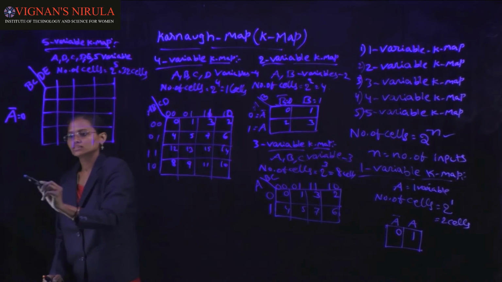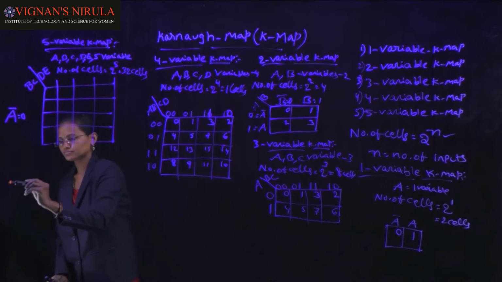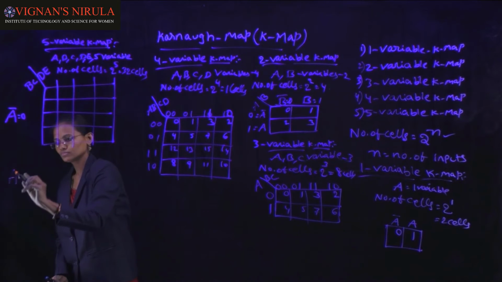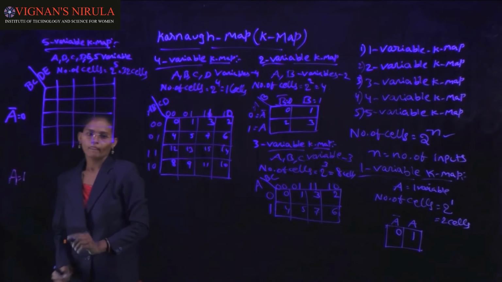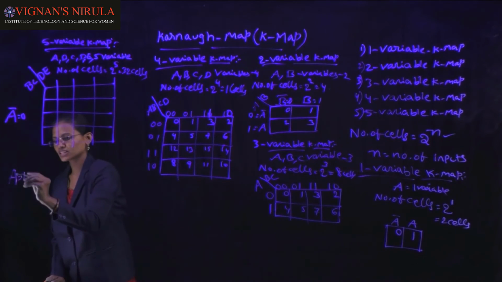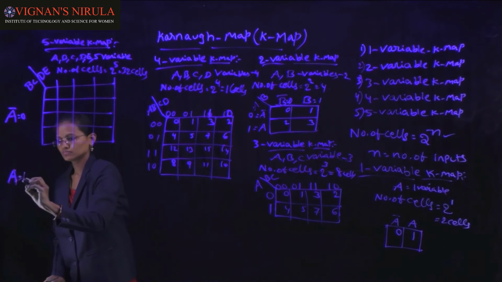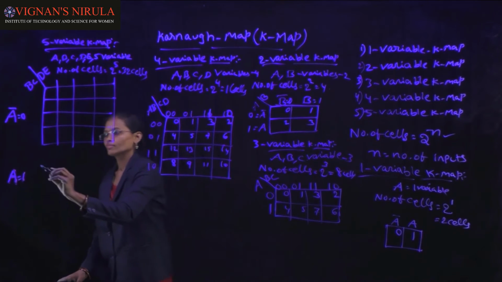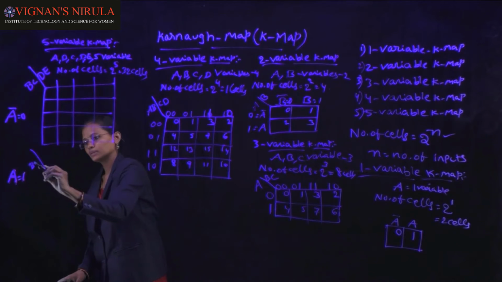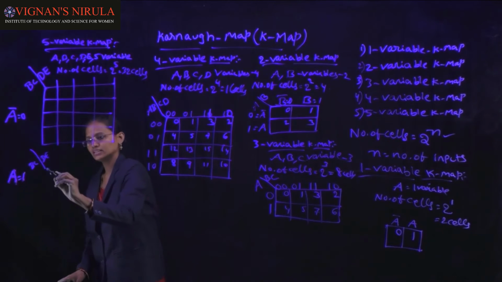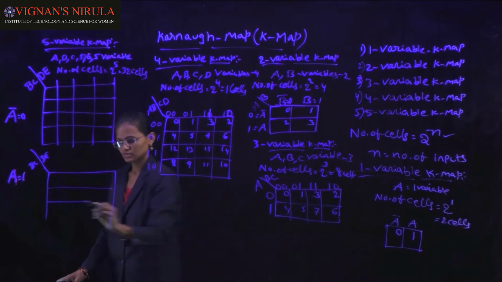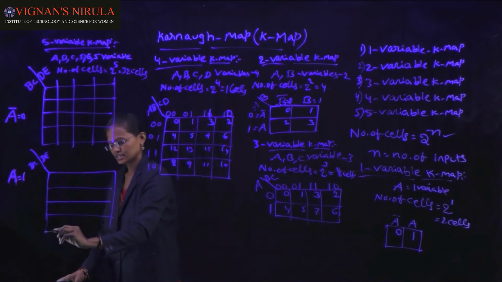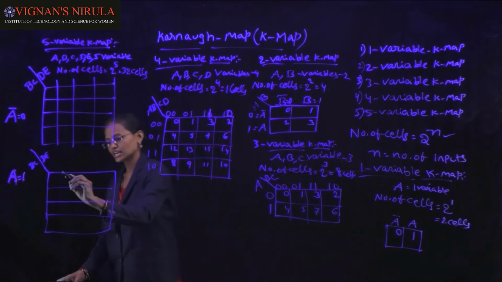And next this is A. A means 1. Okay, this is the A structure. This one also we divide into the portions B, C, D, E. This one also has 16 cells. 16 plus 16, 32 cells.